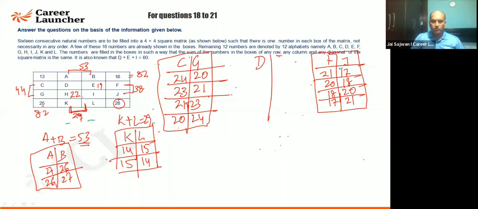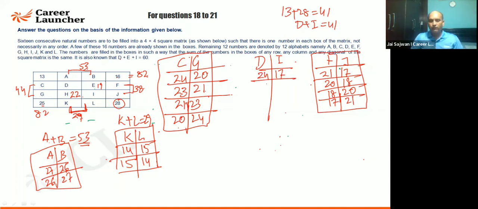What are the possible values of DI? I know it is 13 plus 28 is 41. So can I say D plus I will be 41. So if it is 41, what are the values that I can take? I cannot take 28, 27, 26, 25. So let's start from 24, this is the easiest.